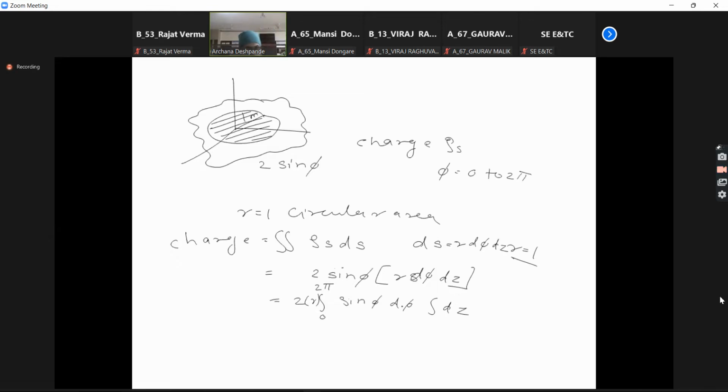I'm so sorry. See, the radius of this particular surface is 1, but the location of this surface is at z is equal to 0.